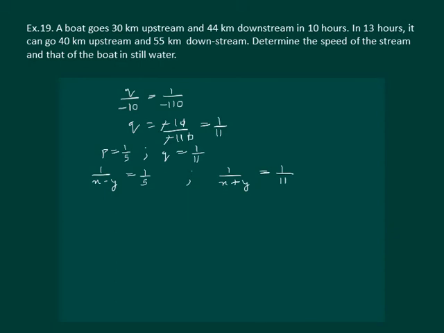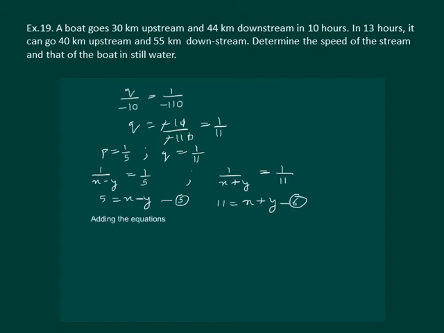On cross multiplying, we get 5 equal to x minus y and 11 equal to x plus y. Now this is equation number 5 and 6. We can solve equation 5 and 6 again by any of the known methods, as these are linear equations, and find the value of x and y.